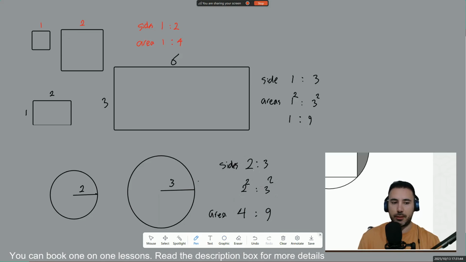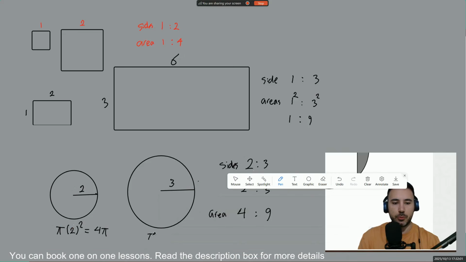Let's go and check it. So we know that when we do area of a circle, it's pi r squared, which is equal to pi times 2 squared, which is 4 pi. And this one is equal to pi times 3 squared, which is equal to 9 pi.